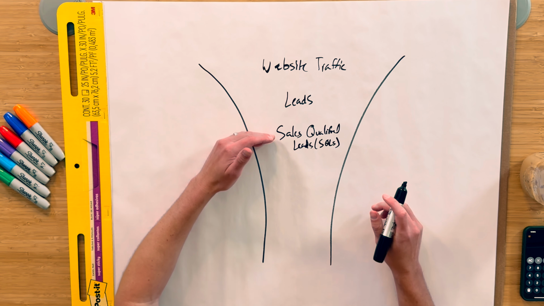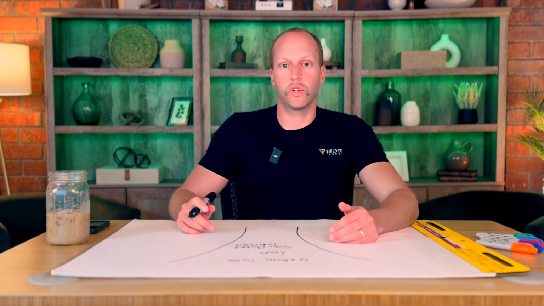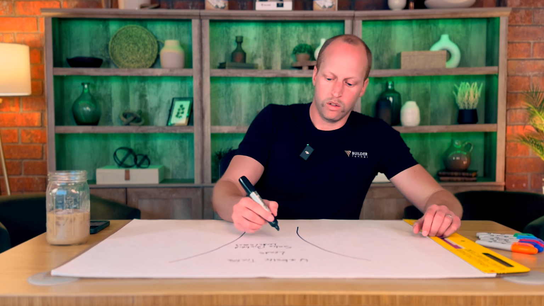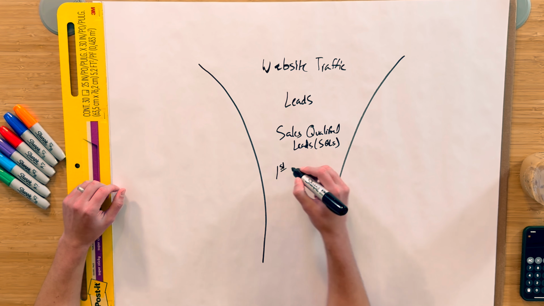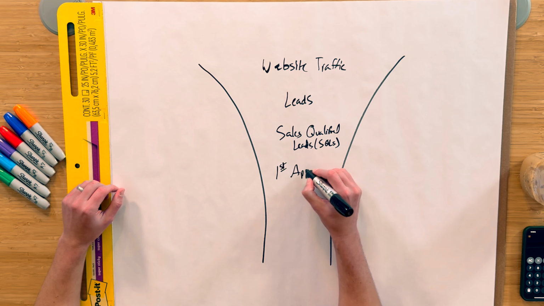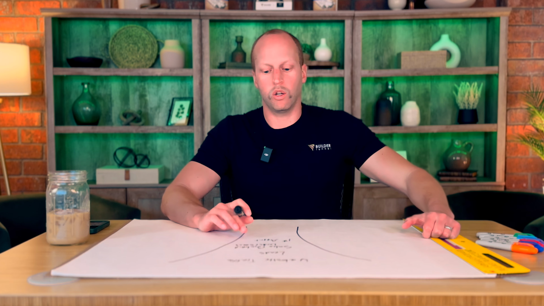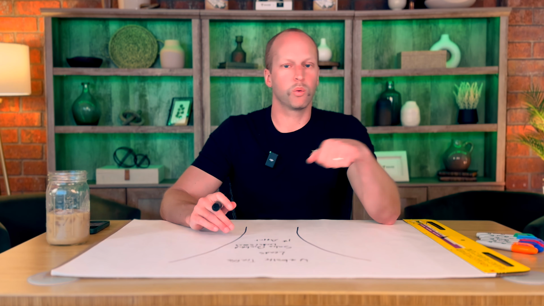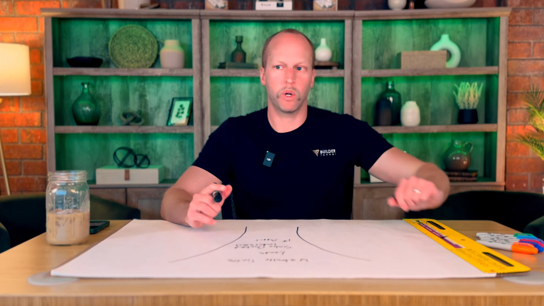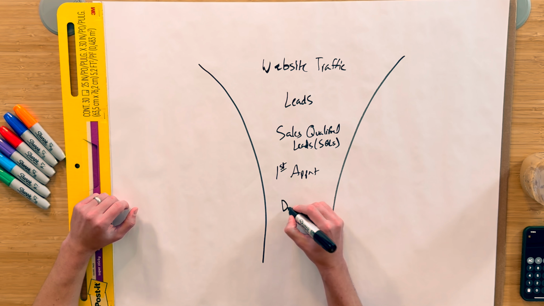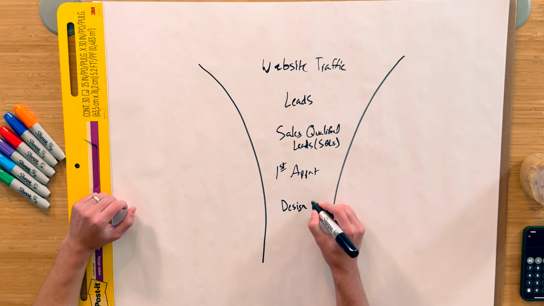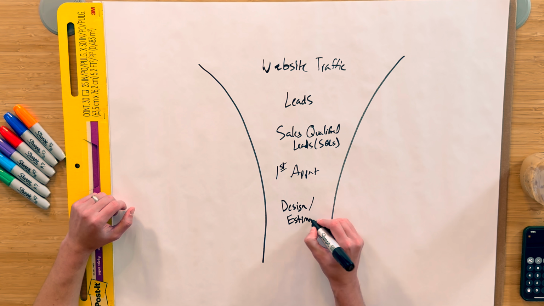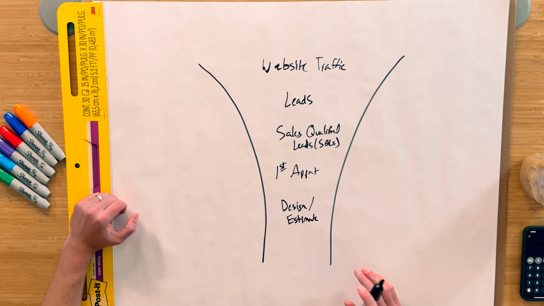So these are going to be leads that are the right fit for you, right project, right area, right budget. Then we've got our first appointment. And so this is typically your in-home appointment. You've already gotten on the phone, you pre-qualified them, you said, yes, we want to meet with this person, and we book an appointment. And then we have design, or if you don't do design, this might be an estimate.